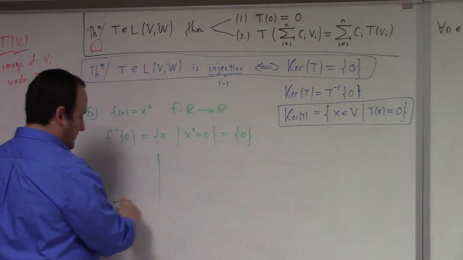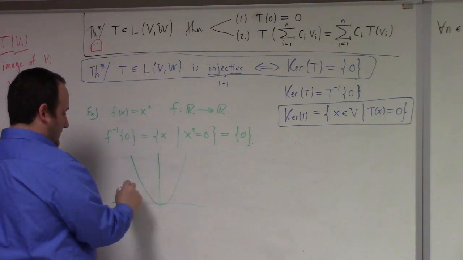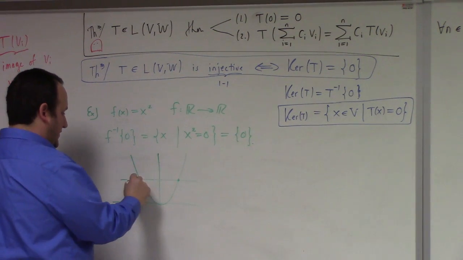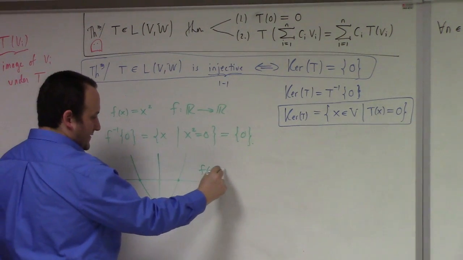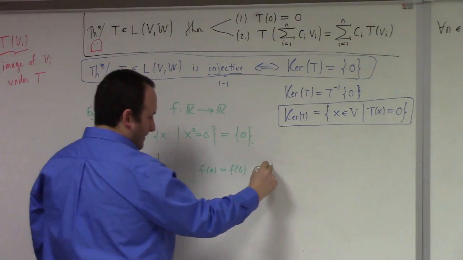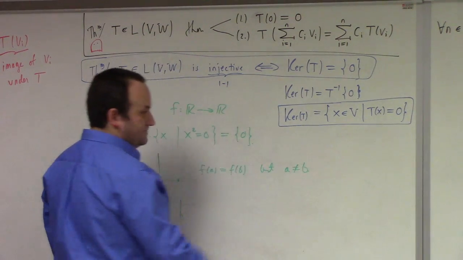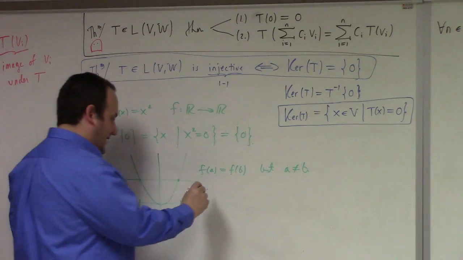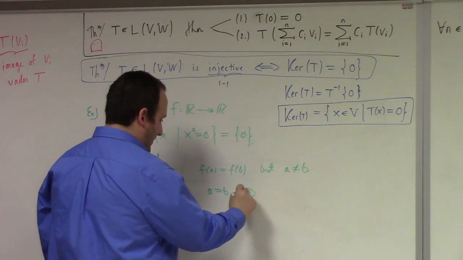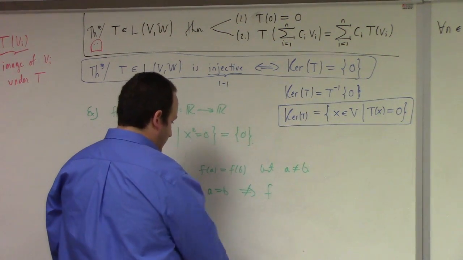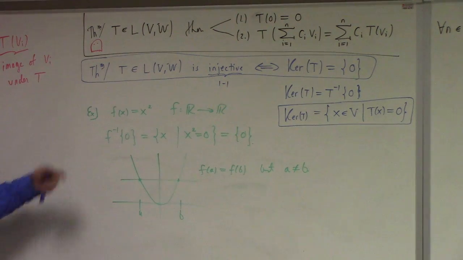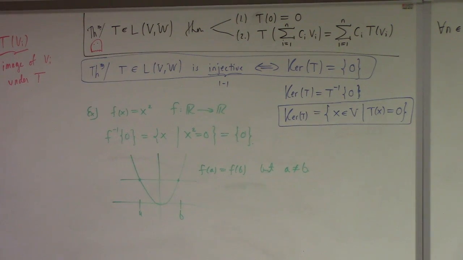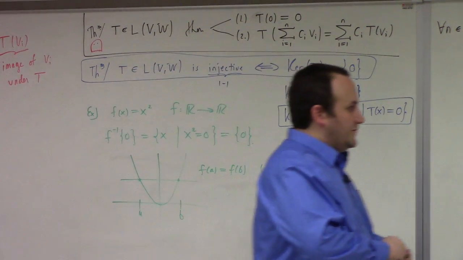You guys know it. The graph looks like this. It fails the horizontal line test miserably. You have a and b not equal, such that f of a is equal to f of b, but a is not equal to b. Anyway, that's obviously the danger of not having linearity. This isn't a test if you don't have linearity. Okay, so let's prove this theorem.